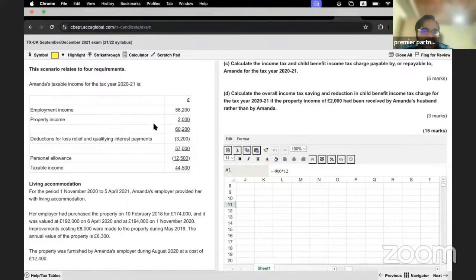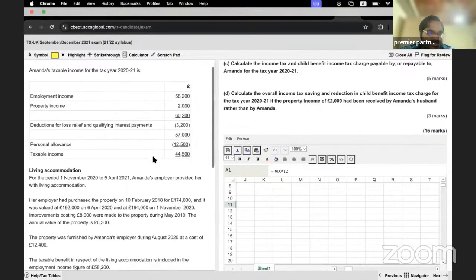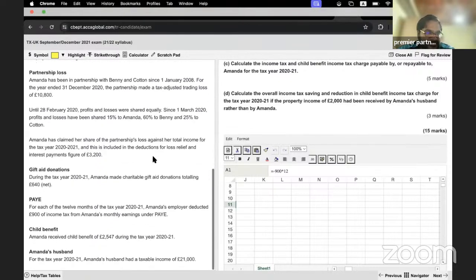Right. Then let's read through the balance part of the scenario as well. Gifted donation during the tax year. Amanda made charitable gifted donation totaling 640 net. PAYE for each of the 12 months of the tax year. Amanda's employer deducted 900 of income tax from Amanda's monthly earnings under PAYE. Child benefit.